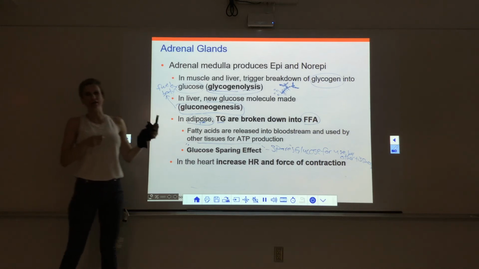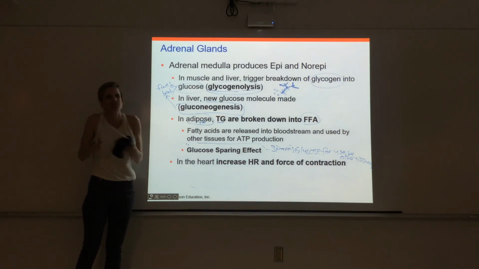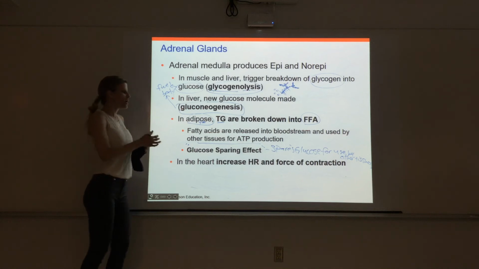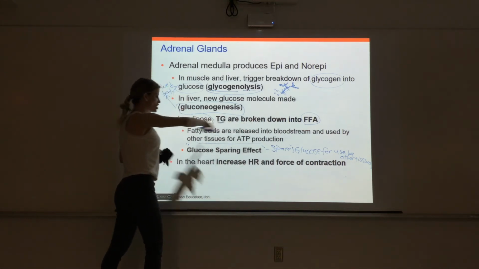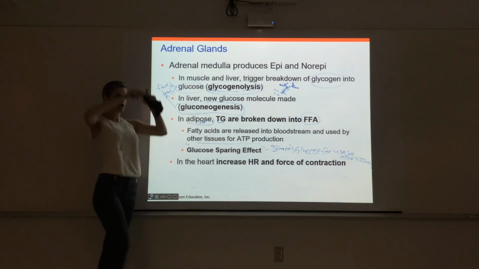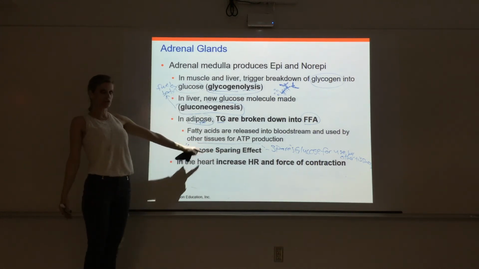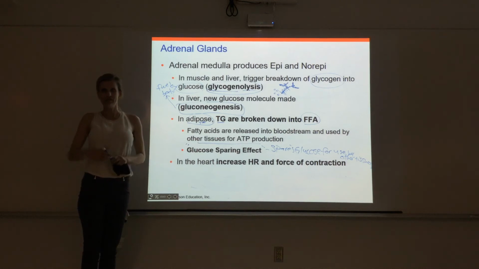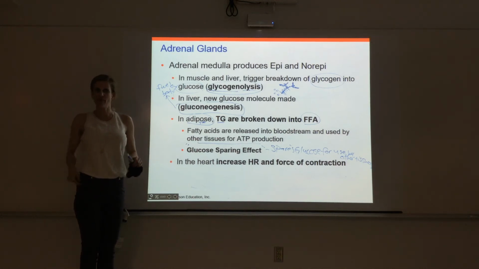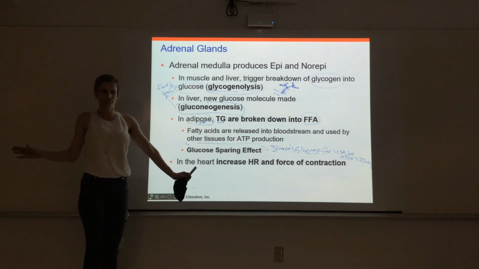And we use it in the brain because the brain's highly glucose dependent. It just likes to use glucose. So we want to break down all of our triglycerides, free up fatty acids so that everything else can start relying on fatty acids. We want to spare the glucose for the stuff that really needs it. This is fight or flight. My brain and my muscles need to be go, go, go, go, go. Everything else can use the fats.